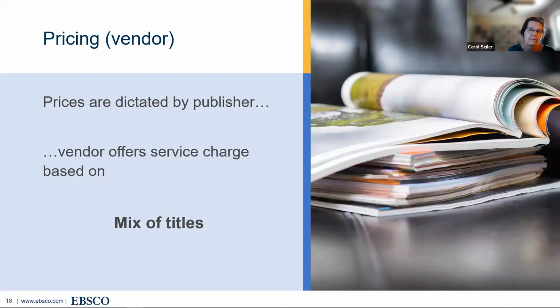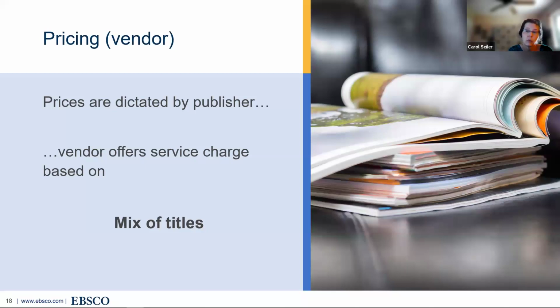Okay, so a vendor makes money in many ways. One way is by charging a service charge to the library. Another way is commissions from the publisher. So this is how that works. Vendors will offer benefits to publishers, just like they offer benefits to the library. For example, if you're a publisher, would you want to get 10,000 checks with 10,000 orders and have 10,000 contacts?